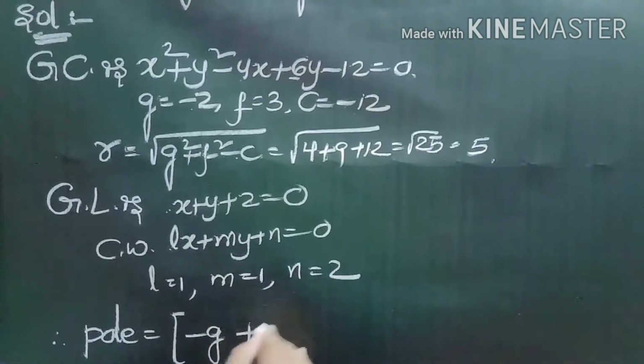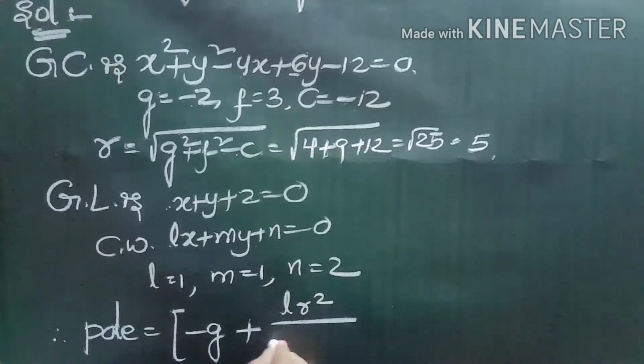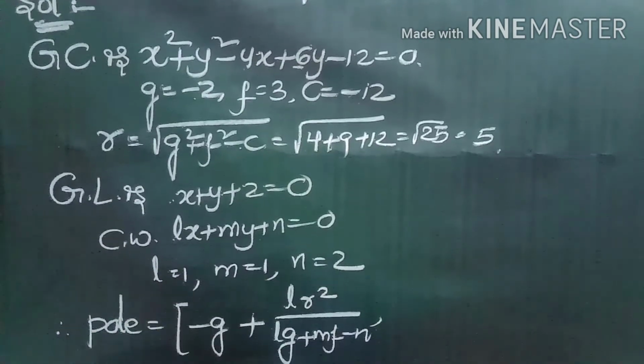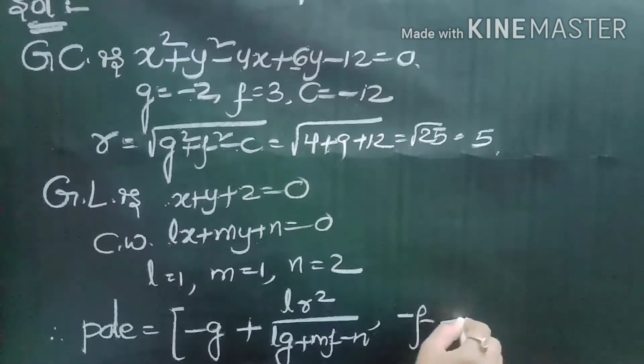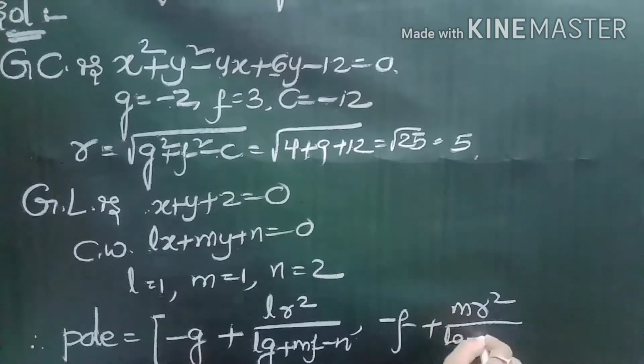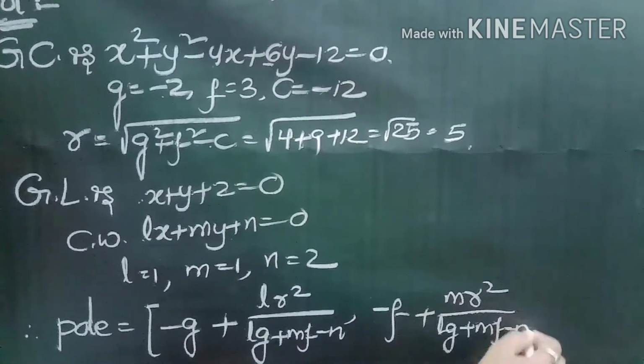minus g plus L r square by Lg plus mf minus n, comma, minus f plus m r square by Lg plus mf minus n.